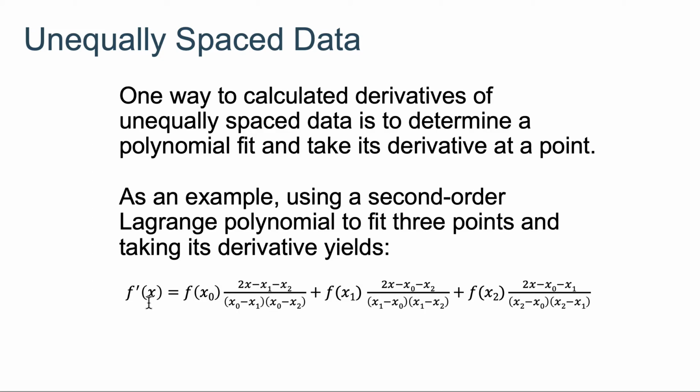So here you have the first derivative of this function. Once you interpolate, you can evaluate the first derivative at any point you would like. You don't have to evaluate the first derivative only at the grid points, so you have a little more flexibility in that way.